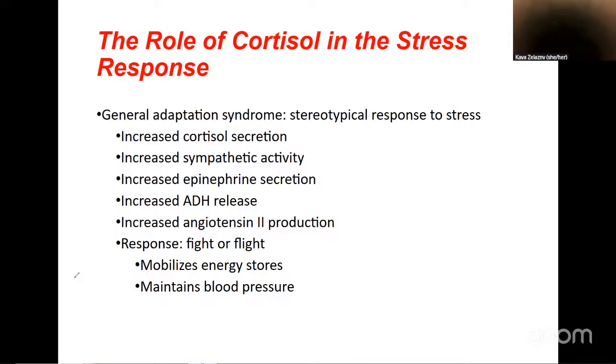So maintaining your blood pressure is important to being able to run away from stuff or fight stuff. And it's also important for making sure that you get lots of oxygen out to the muscles that you're using. So we want to maintain steady blood flow, lots of blood flow in order to be up and active. So we've got lots of things working together in this stress response. Cortisol is important, and we've got these other pieces linked to that.